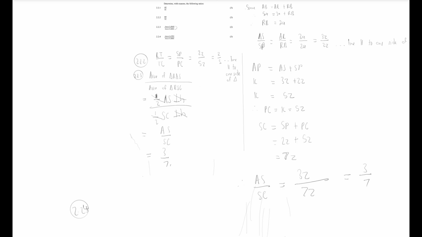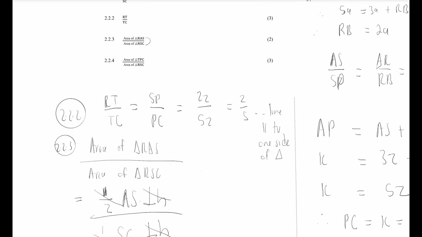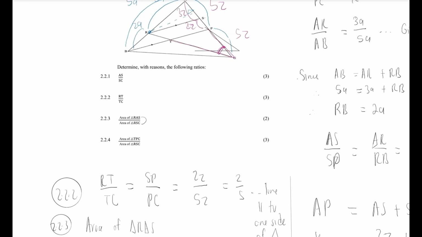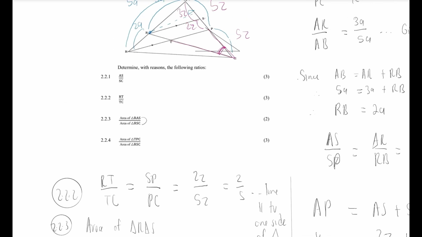Now 2.2.4. We are going to be doing the area of triangle TPC over RSC, right? They are sharing a common angle, meaning that we are going to have to use the area rule of trig.